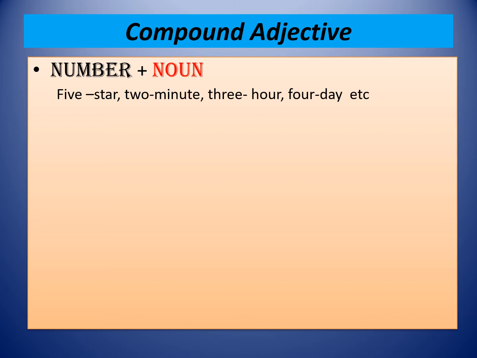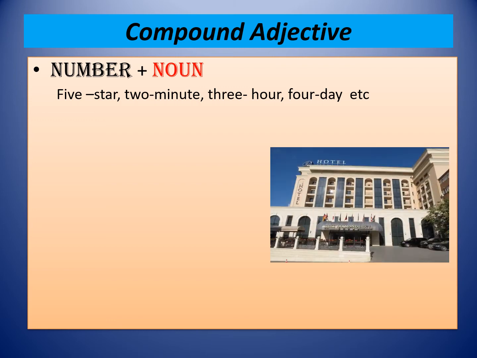Students, let us frame some sentences using these compound adjectives. Students, look at the picture. What is there in the picture? Hotel. Now we will frame a sentence using a compound adjective and the picture.